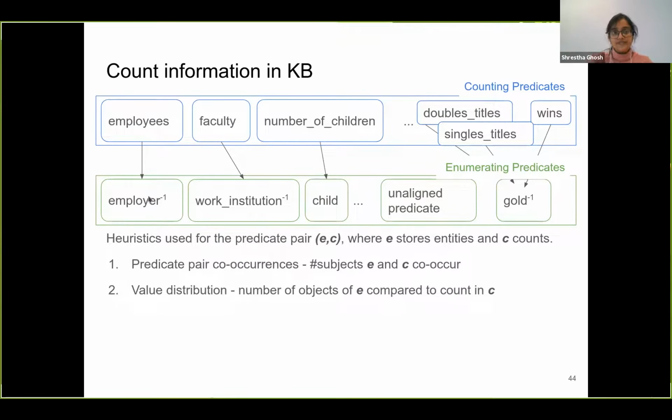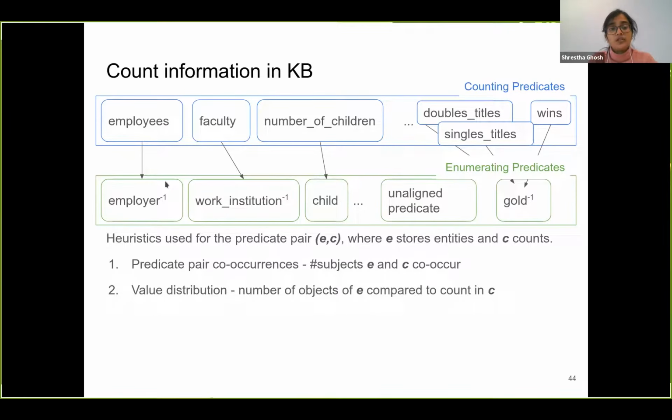So definitely for employers, you would not always have all the employees of an institute, so the number of entities would always be very, very small compared to the counts that are stored there. However, it works relatively well for smaller classes.